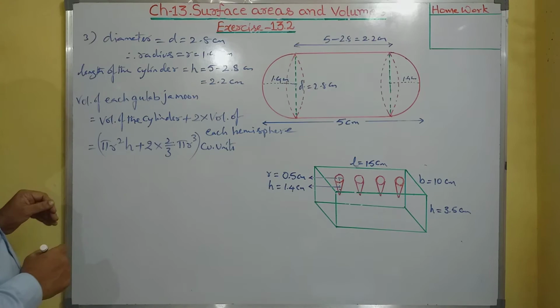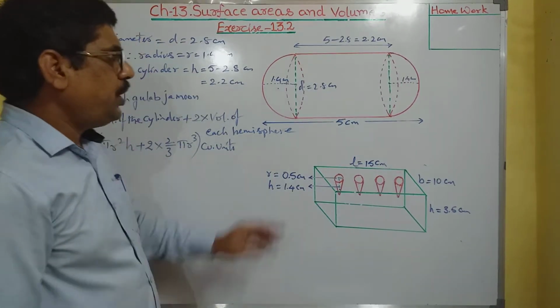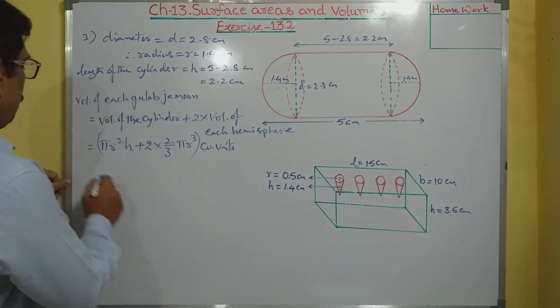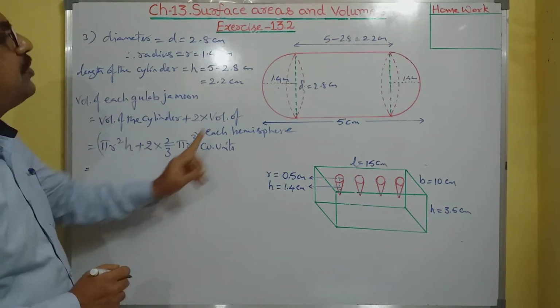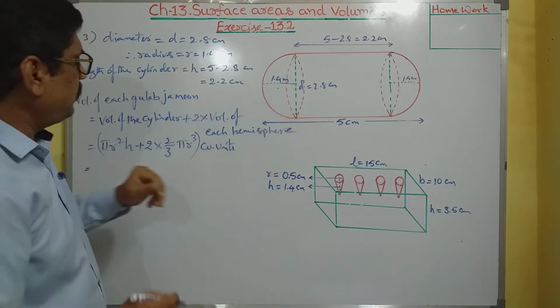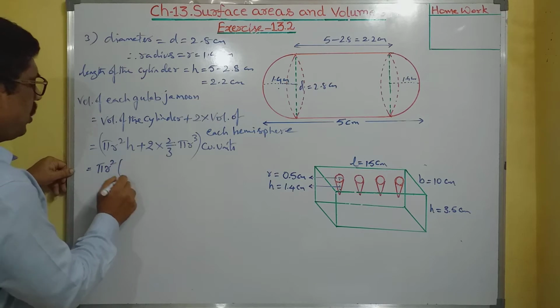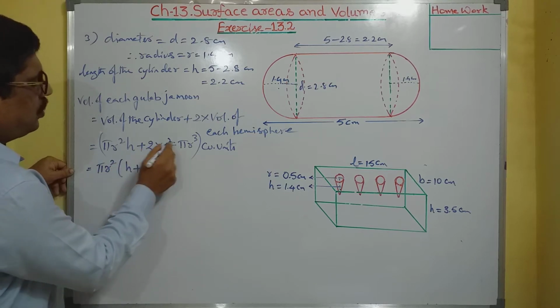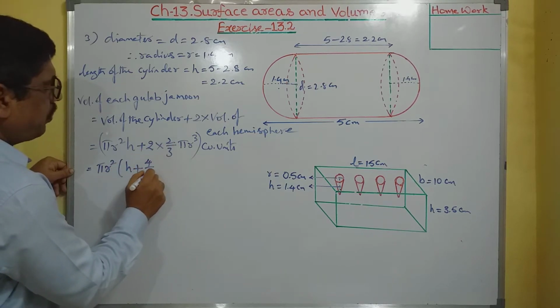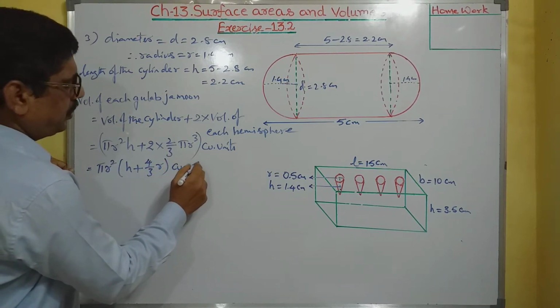Don't look at this; this is the diagram for the next problem. We need to observe only this diagram. The radius is common for both the cylindrical portion as well as the hemispheres. So let us take pi common and r square common. We get h plus 2 into 2, that is 4 by 3 r, in cubic units.